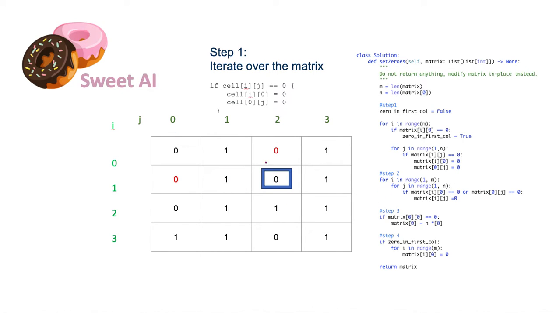Okay, so these are equal to 0 now, and this is not equal to 0, this is not equal to 0, but we see a 0 here, so we are going to set the flag to true. This is not equal to 0, it's not equal to 0, no, and here another 0, so we are going to set this one and this one equal to 0.